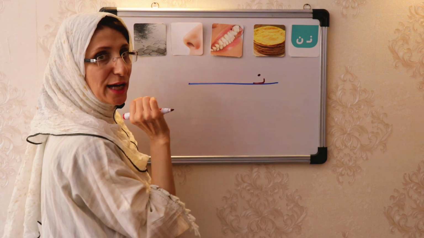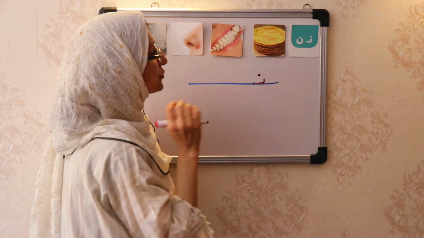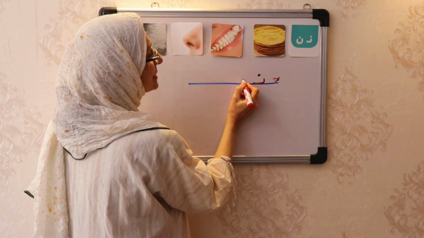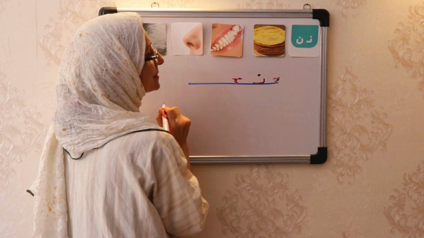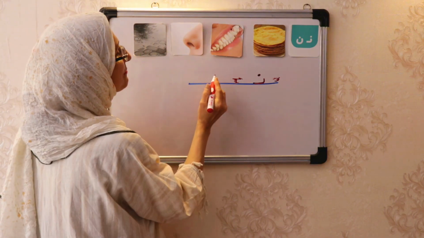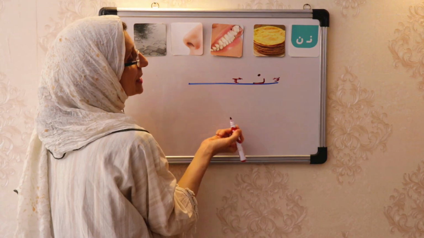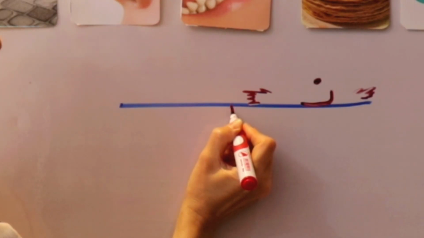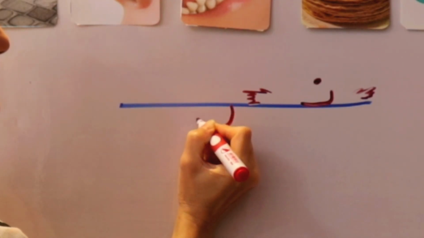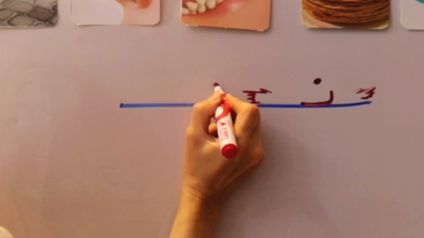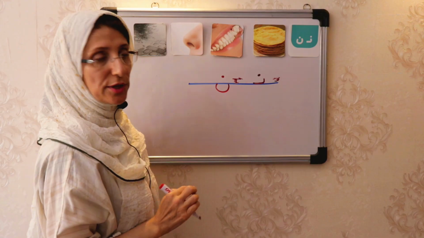Ne awwal comes at the beginning, as I told you, and takes the hand of the previous sound and the next. So this ne is called ne awwal, but ne akhar, look at me how I write it. We start here, go down, and a very beautiful curve here, and above its head a very beautiful dot.